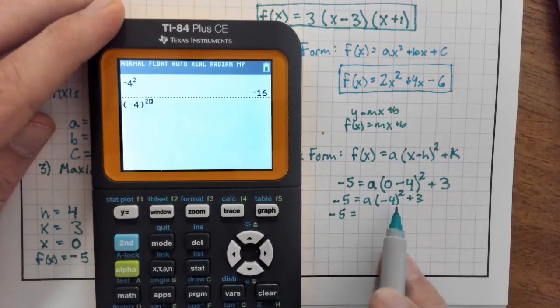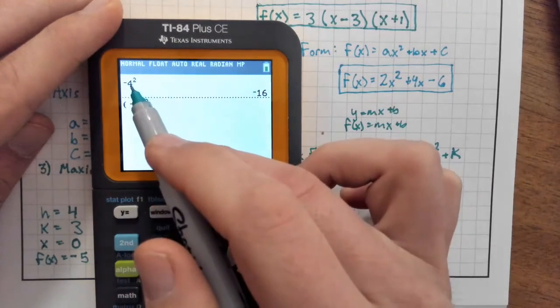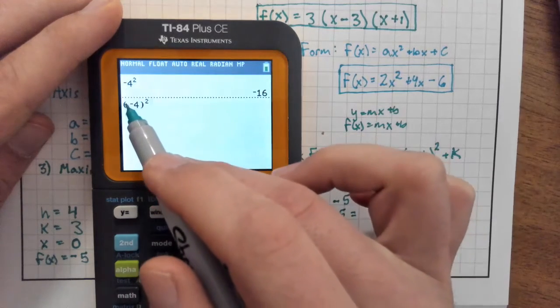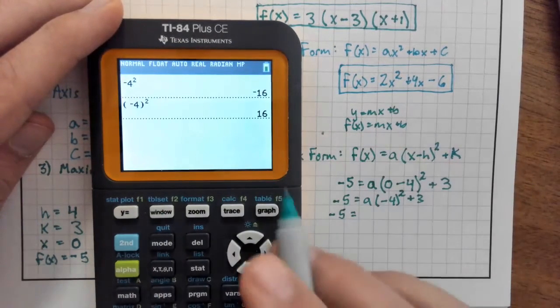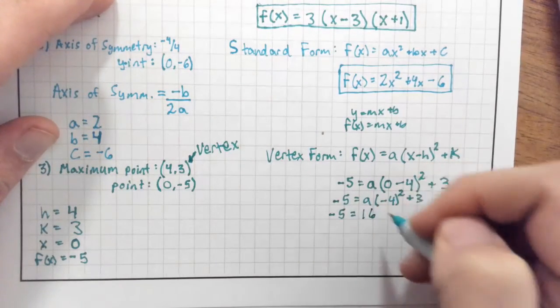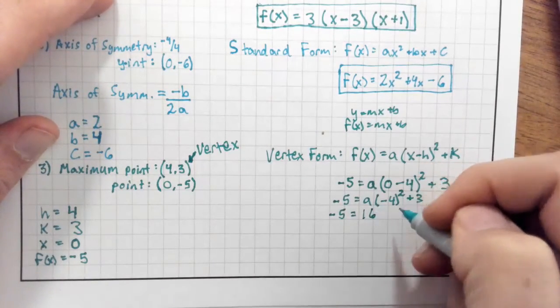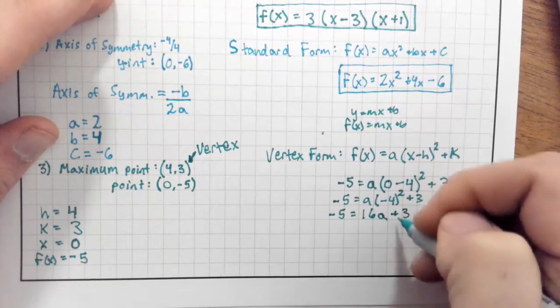I'm squaring -4, not just 4. When you type it in like this, it's only squaring the 4. It doesn't include the negative sign. So you want to put that in parentheses to actually calculate this correctly. (-4) squared is +16. So a times (-4) squared would be 16a plus 3.